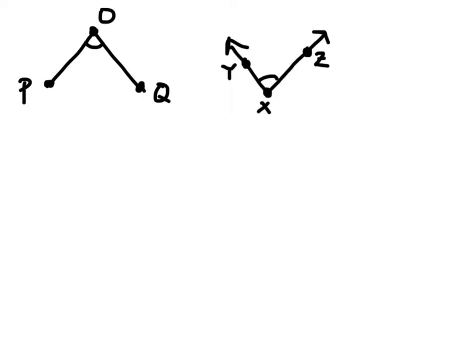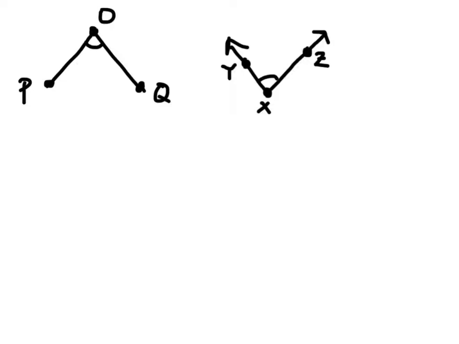An angle is formed when two line segments or rays meet at an endpoint. The endpoint where they meet is called the vertex of the angle. The first angle is formed when the line segments PO and QO meet at point O. That's called the vertex.